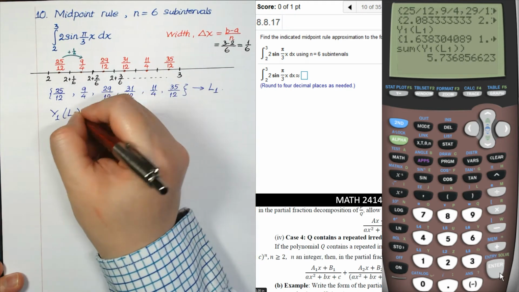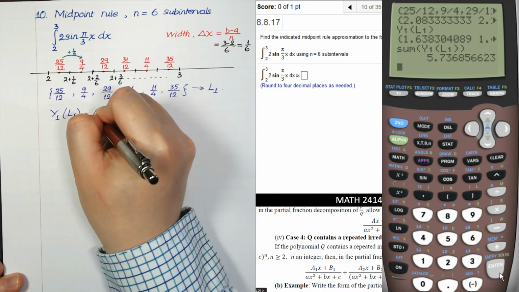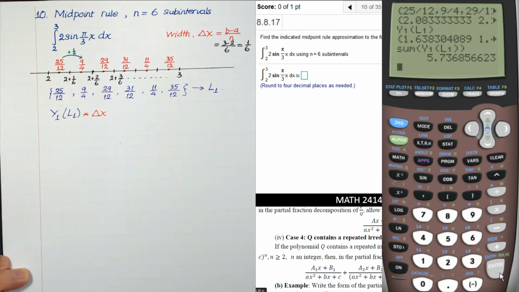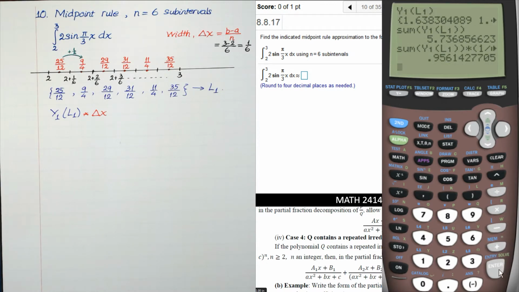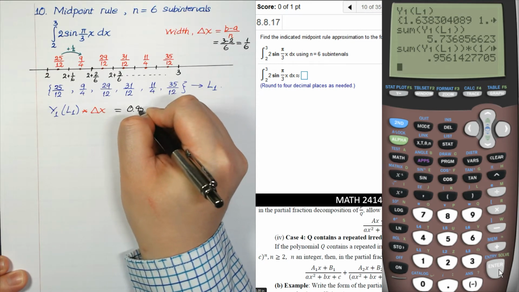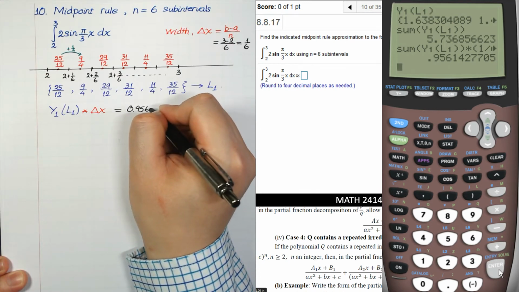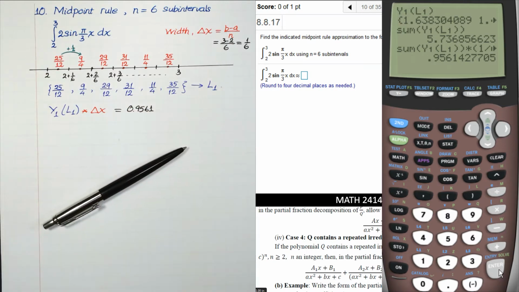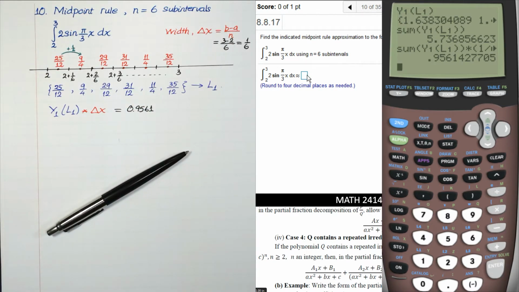And then at the end, don't forget, multiply by the width of 1 over 6. We have 0.9561. They said 4 decimal places, so 0.9561.